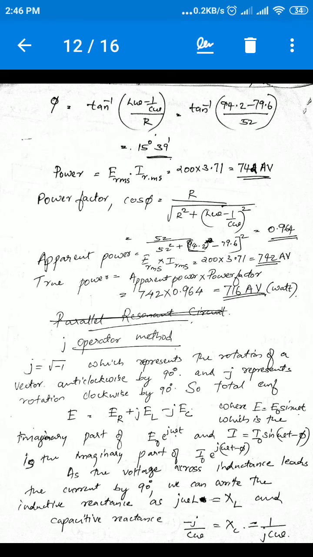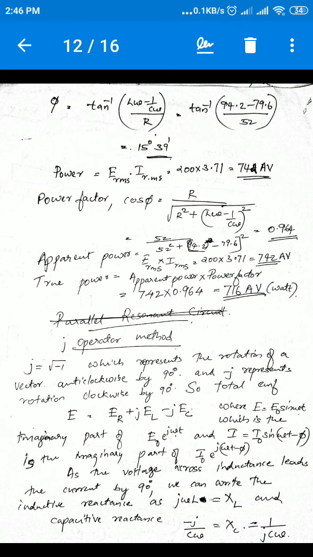Now we again take the value of current as I equal to I0 sin omega t minus phi, and it is again written as the imaginary part of I0 into exponential j omega t minus phi. This is the same as we have done for the voltage E.